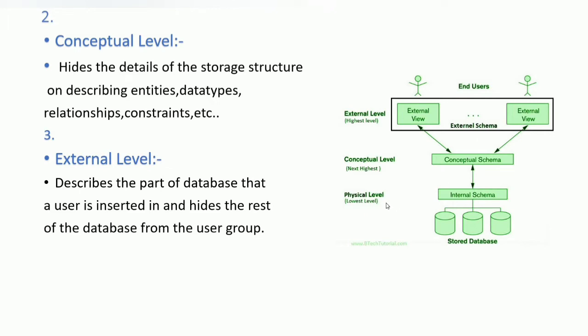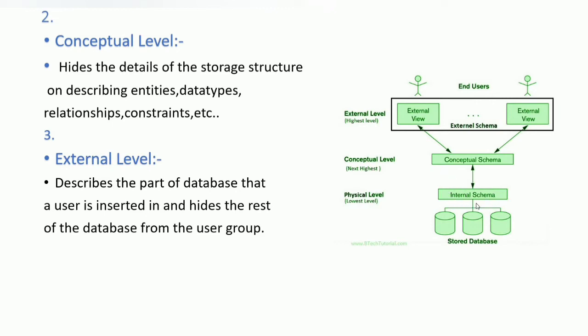Because these 3 levels are present in this architecture, it is called the 3-schema architecture. When a user requests data retrieval from the database, the request is first sent to the conceptual schema. The DBMS sends the request to the conceptual schema, which then sends it on to the internal schema.